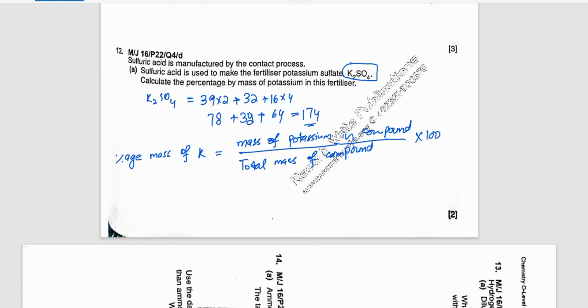So the mass of the potassium is 78. You know that there are two atoms of potassium, so 39 multiplied by 2 is 78. 78 divided by total mass of the compound, which is 174. Out of 174, 78 gram of potassium is found in the K2SO4, multiplied by 100. 78 divided by 174 multiplied by 100, we get 44.82%.